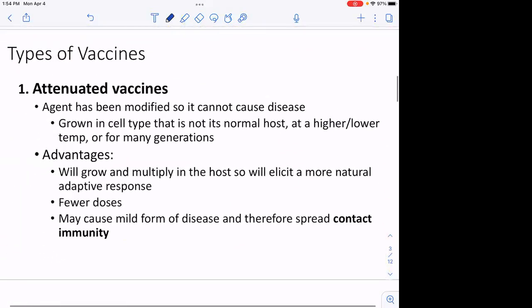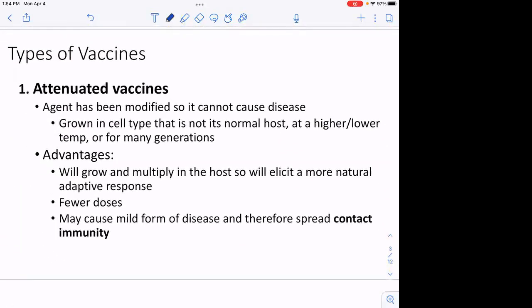All right, so let's talk about the different kinds of vaccine. This used to be a much shorter discussion than what it is now. There's basically 3 kinds of vaccines that we've used for a long time and that have been approved by the FDA. The very first vaccines were attenuated vaccines.